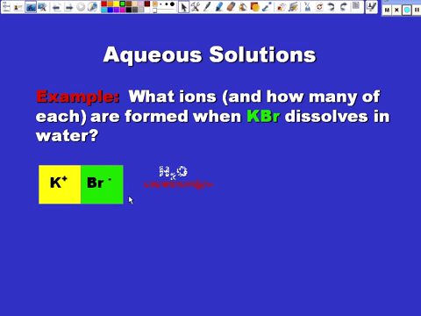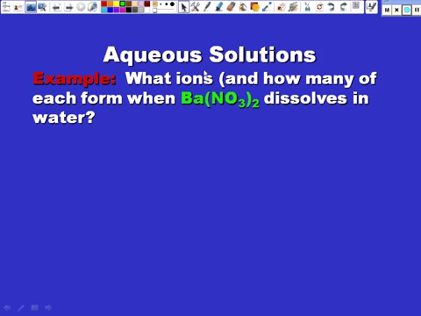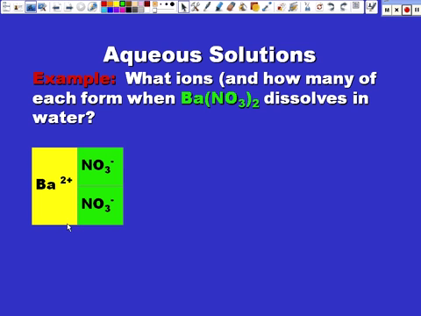What and how many of each one of those? Okay, you've got 2 nitrates and 1 barium. You've got 2 pluses, so how many negatives do you need? 2 negatives, which is why you have the nitrate right there. So when it dissolves, you've got a barium left, and you've got 2 nitrates left. Do these pictures make a little bit more sense? Okay?